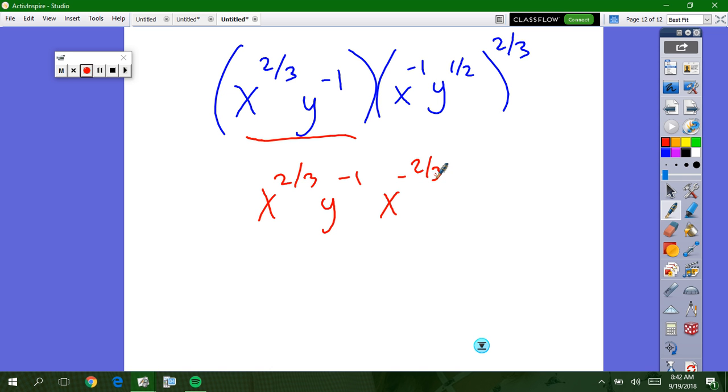How do we multiply fractions? Straight across. Which comes out to be 1/3. Does everybody see how I got y to the 1/3? Okay.